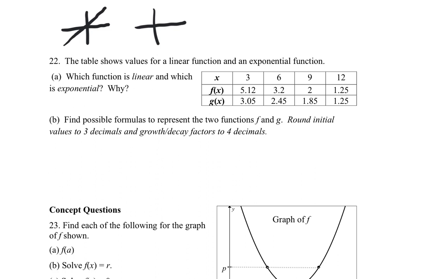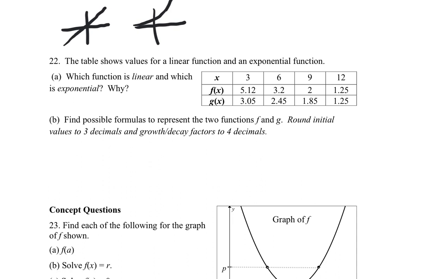Its growth rate is constant, its slope is constant. It will move from one number to the next at the same rate. However, an exponential function will grow. So in between each x value, it's going to gain more y value. So that's what we're going to look for inside of these functions.